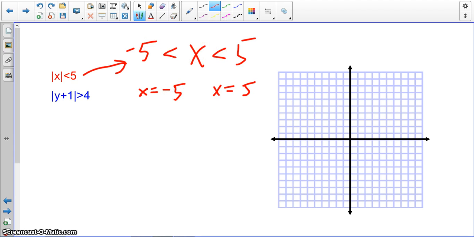If you only look at this part, then you get x equals 5 as where that ends. X is greater than negative 5 until right here at this spot. And so what you do is, these are two vertical lines, if you might remember. I hope you remember from Algebra 1. X equals negative 5, vertical line. X equals 5, vertical line.